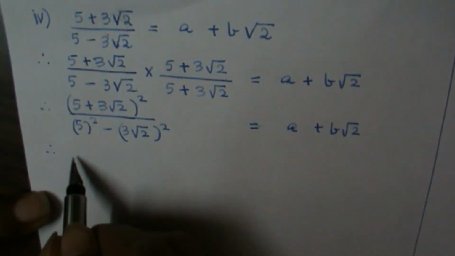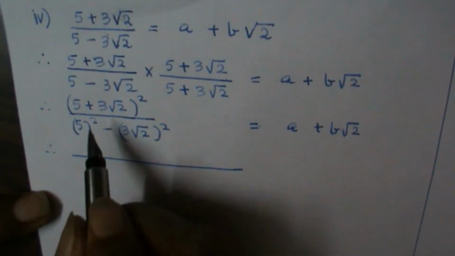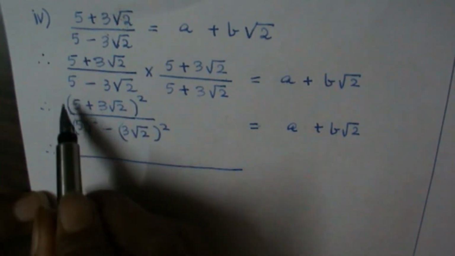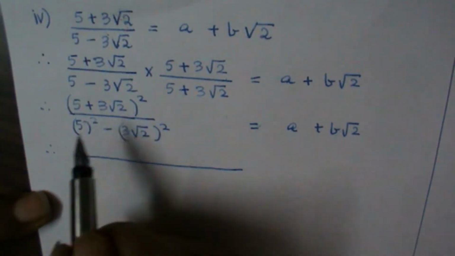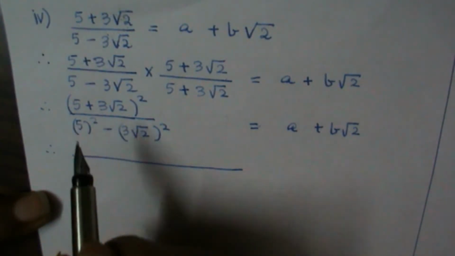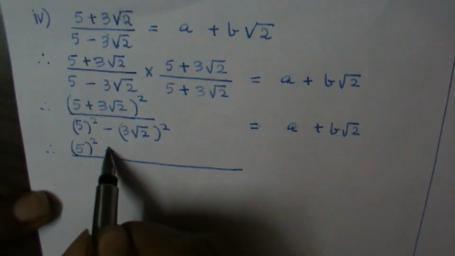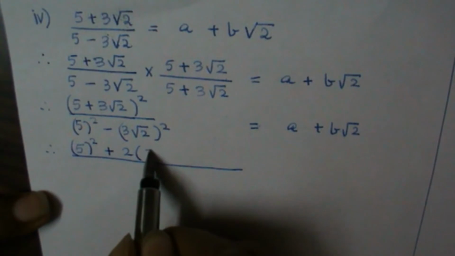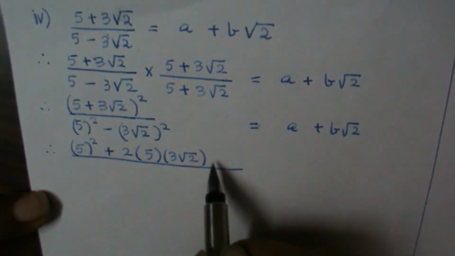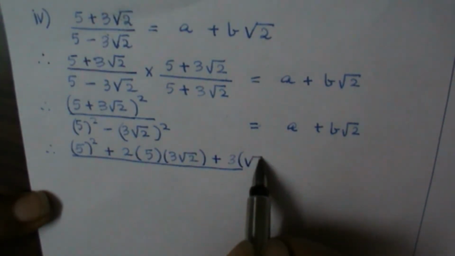Now, therefore, you will have to expand this. Which identity will you use for this? This is your a, this is your b, this is a plus b, so you will use (a + b)² which is a² + 2ab + b².